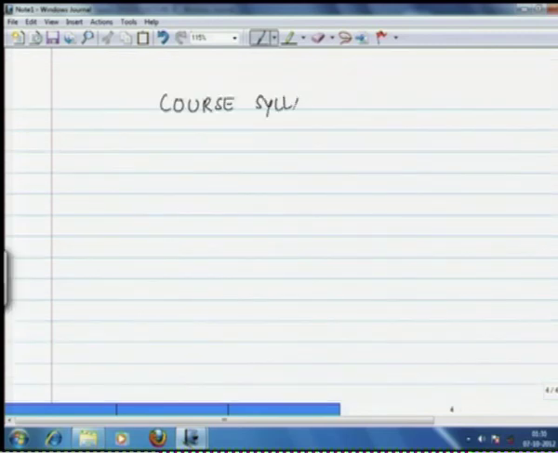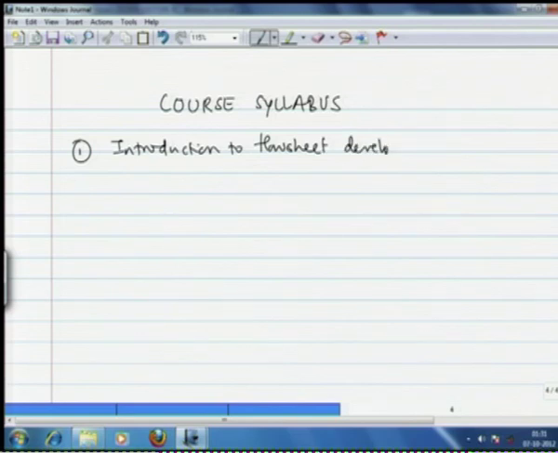Course syllabus. The first module is about introduction to flowsheet development, where we shall see some basic aspects of design of the flowsheet, essentially the same thing which we have seen today, but in greater detail. Then next comes the module of flowsheet synthesis.